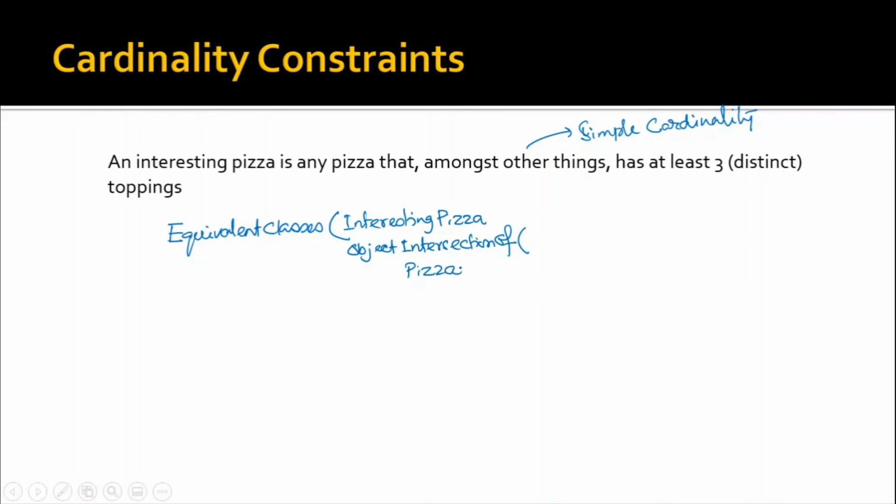Now coming to the cardinality. We are saying at least, so we'll be using min cardinality. So object min cardinality, this is also a restriction class.